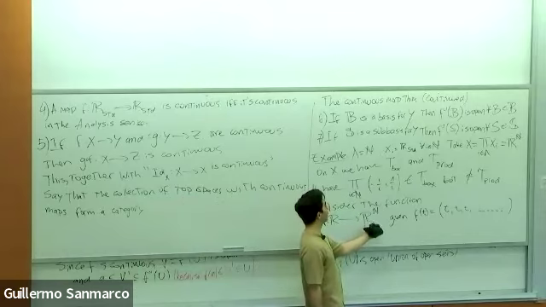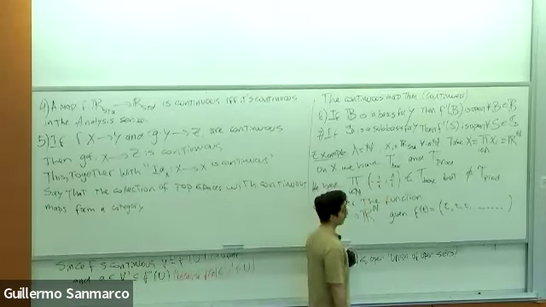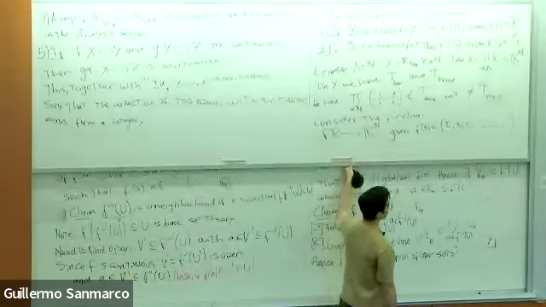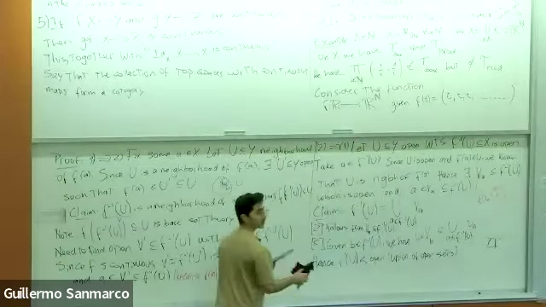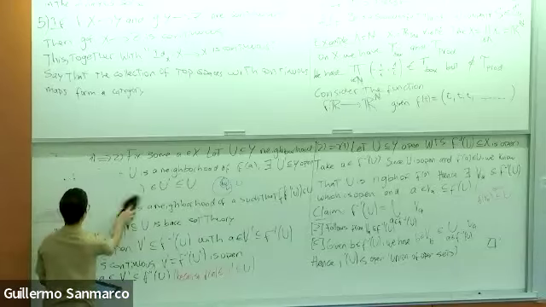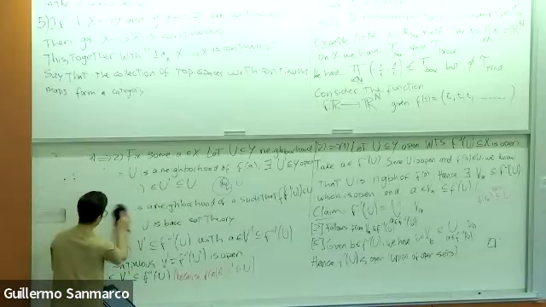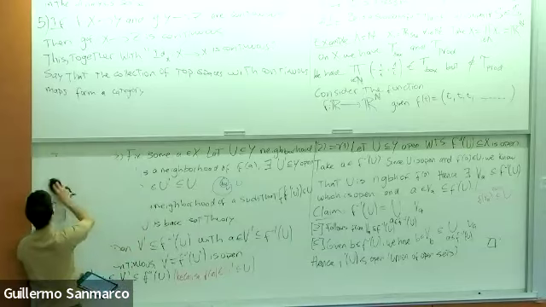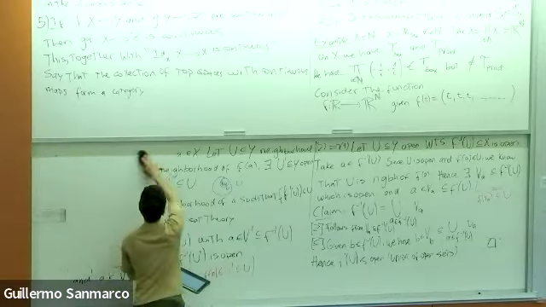When you compute the preimage, you need to take the intersection of all these guys. And that's just 0. And that's not open.